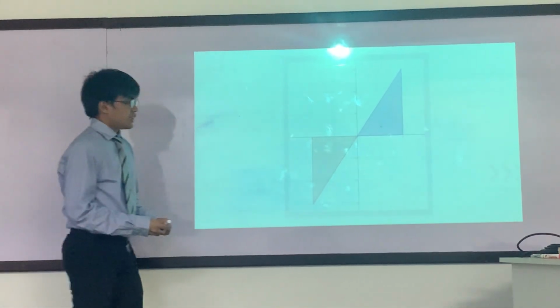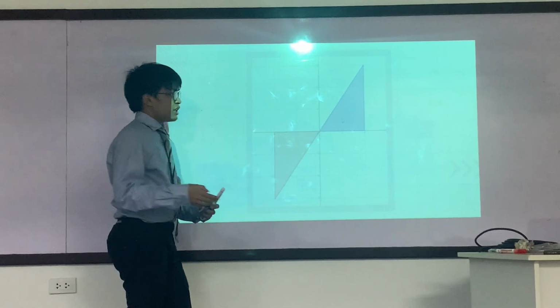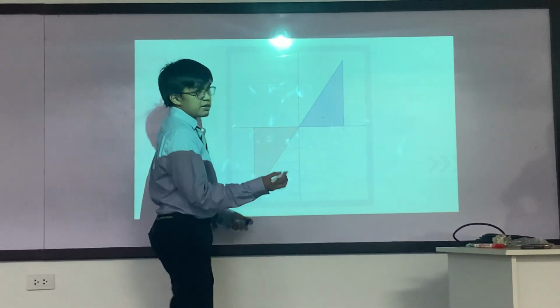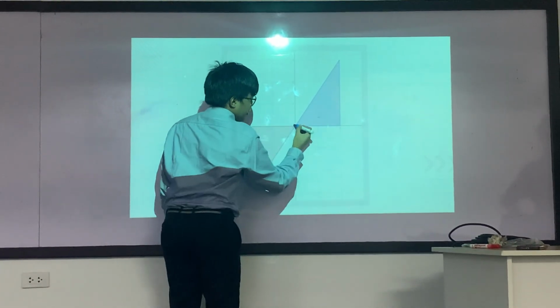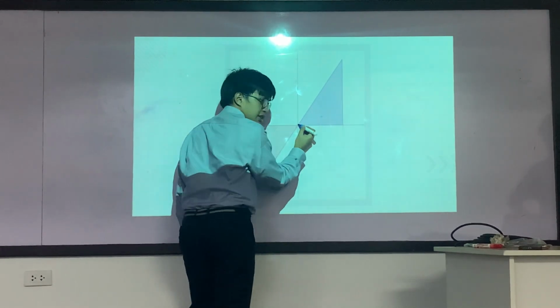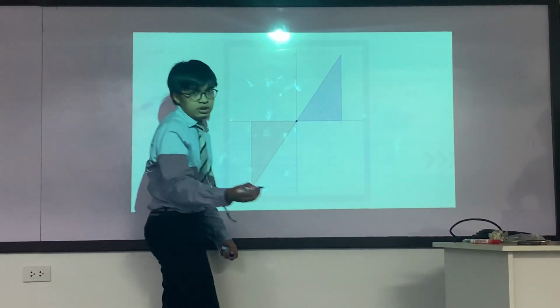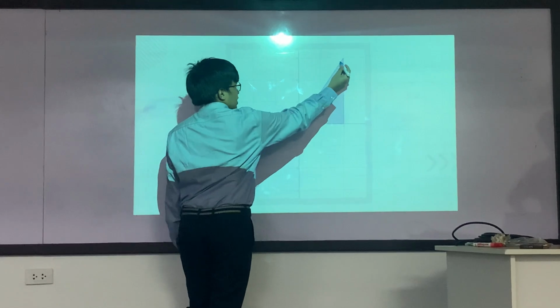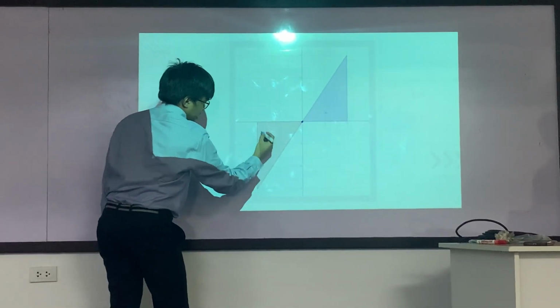The next example is an example of rotation. As you can see, this triangle here is rotated at the origin, and thus it produces this image.